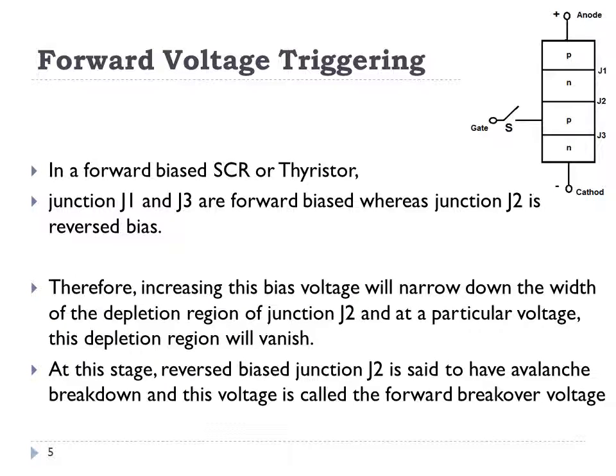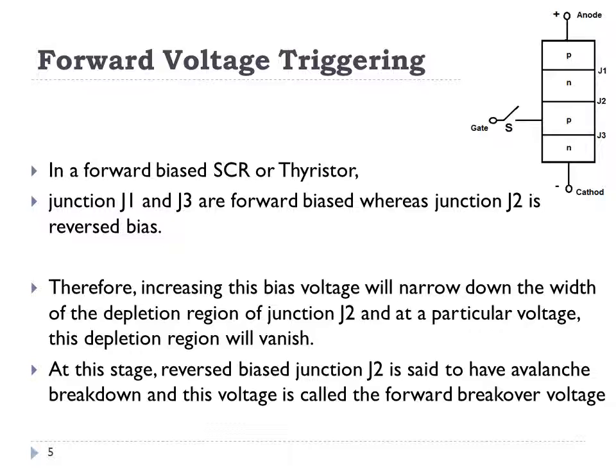Forward voltage triggering. Here we can see the SCR. In a forward biased SCR or thyristor, we know that junctions J1 and J3 will be forward biased and J2 will be reverse biased.